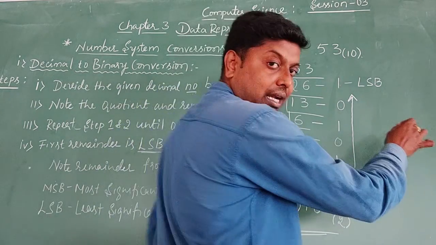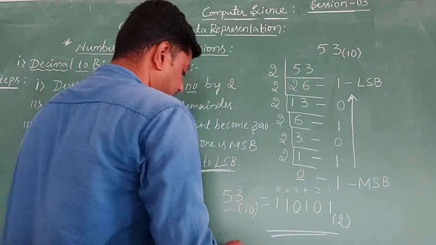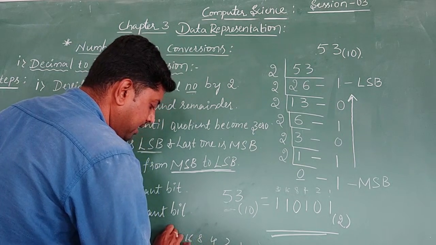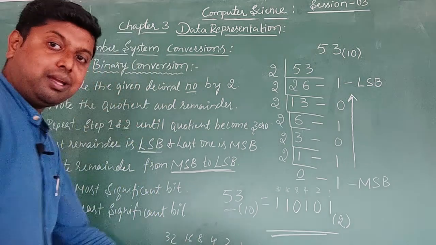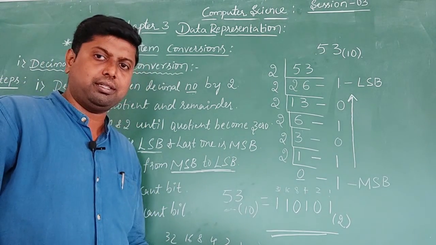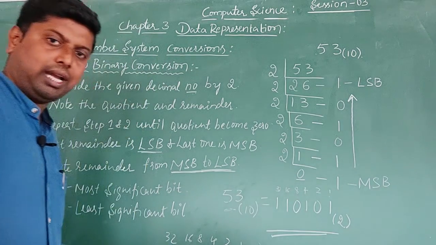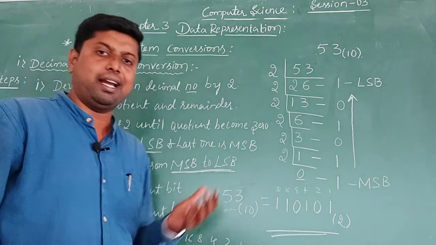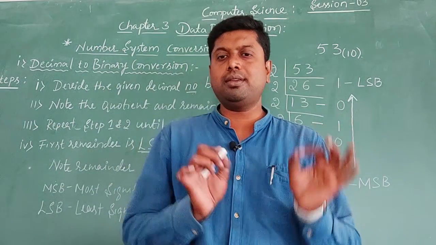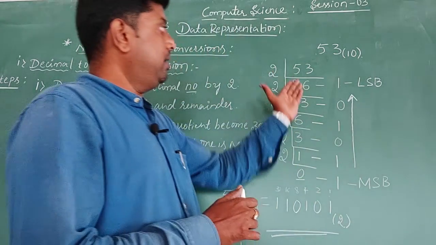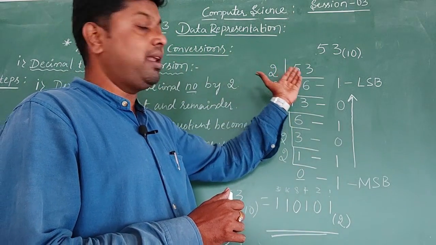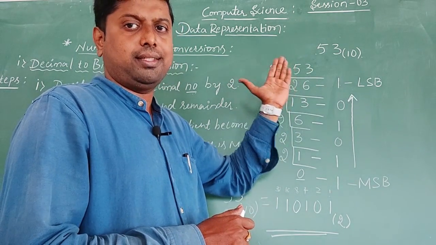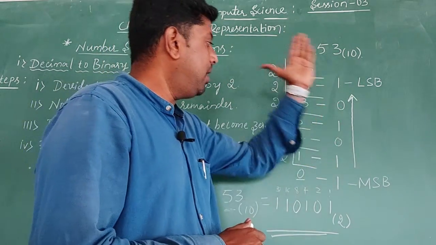Yesterday we showed that table also, that is 1, 2, 4, 8, 16, 32, 64, multiples of 2, because that is a binary number. Just make that table, apply it where the 1 is, just add those numbers, and definitely you will get the decimal value. So this is the method to convert a decimal number into a binary number.